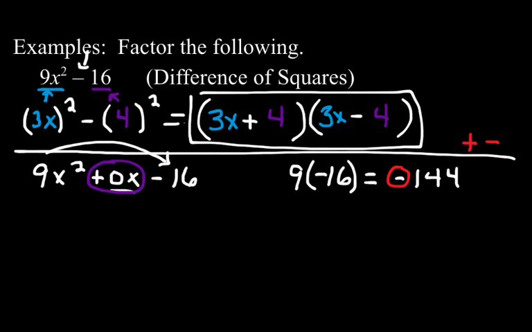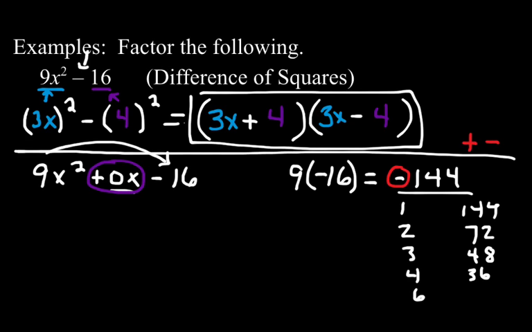So you can go through your numbers, 1 and 144, and 2 and 72, and 3 goes in there 48 times. And 4 goes in there 36 times.